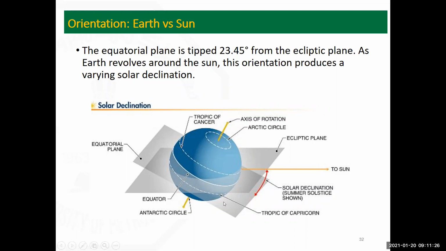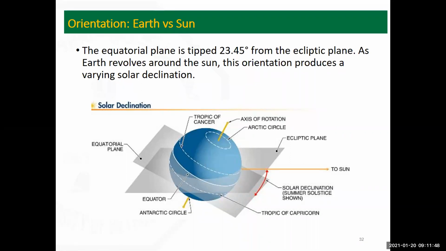This change, in addition to the rotation of the Earth, makes the changes of day and night and the changes between the seasons. This angle between the two planes, the declination angle, has a maximum value of 23.45 in summer and winter.